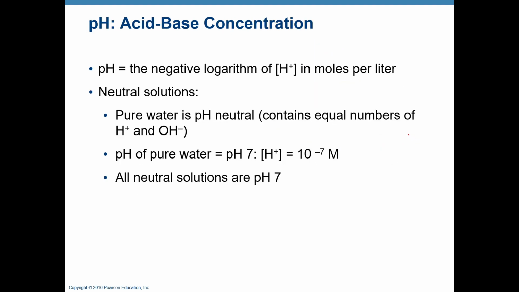pH is the negative logarithm of the hydrogen ion concentration, and this relationship is very important. If the hydrogen ion concentration increases, the pH decreases. So more hydrogen ion means lower pH in that chemical, and that means acidic.